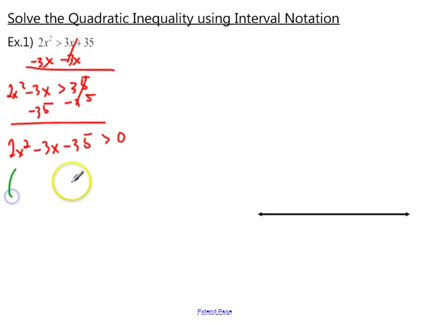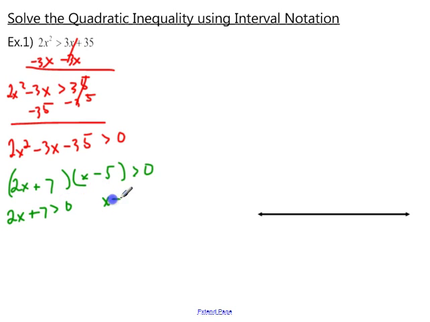When you do that, we're going to end up with factors of 2x plus 7 and x minus 5, and that's greater than 0. So set each one, 2x plus 7 greater than 0, and then x minus 5 greater than 0.